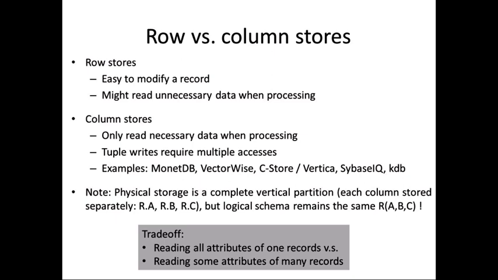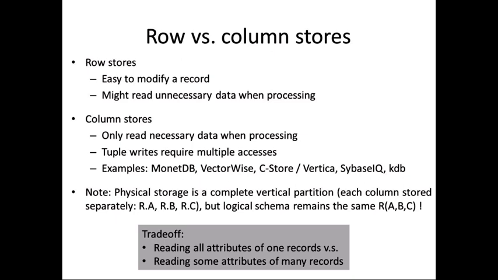Row stores make it easy to modify a record, because we will have a direct way of reaching the physical address where that record is, but we may read unnecessary data when processing. With column stores, reading operations are much more efficient.